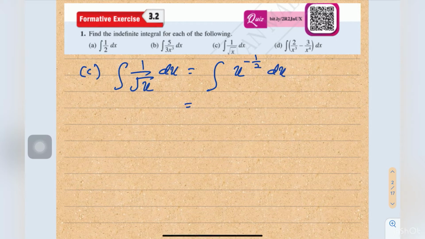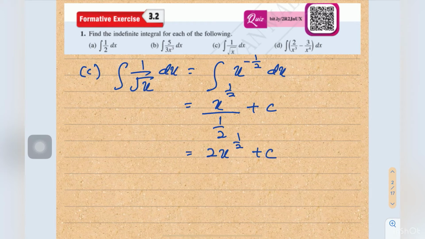Negative 1 over 2 plus 1, we get x power of 1 over 2 over 1 over 2, plus c. So this one would be 2x power of half plus c, or 2 square root x plus c.